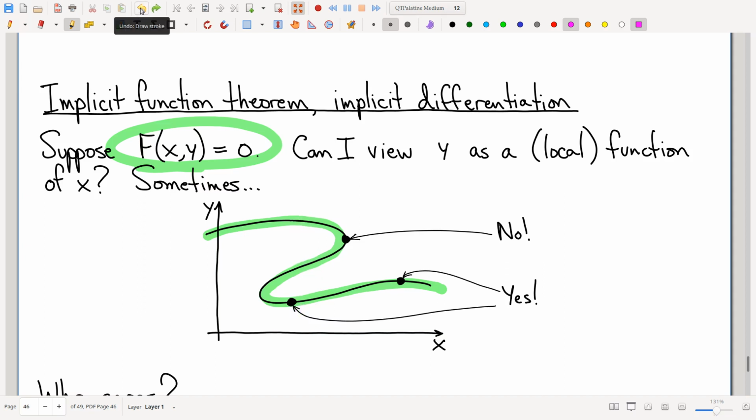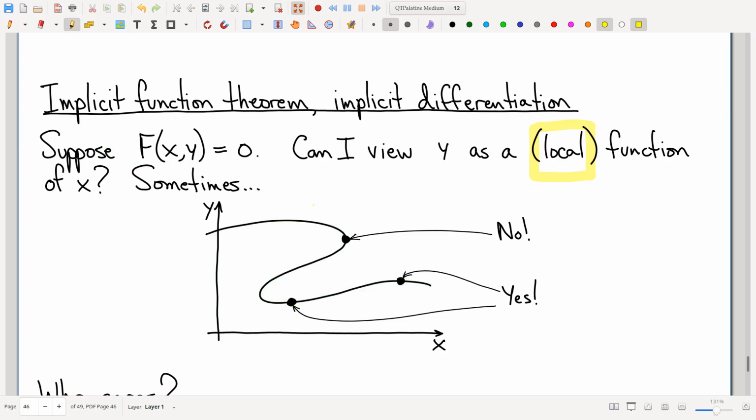Okay, what's the right question? The right question, very similar sounding, very importantly different, is can part of this curve, if I view only locally, if I look only nearby a single particular point on this curve. So, for example, let's think about this point right here.